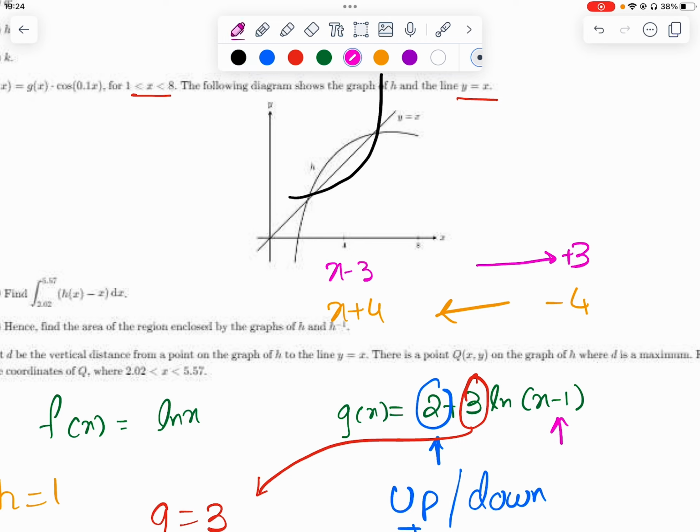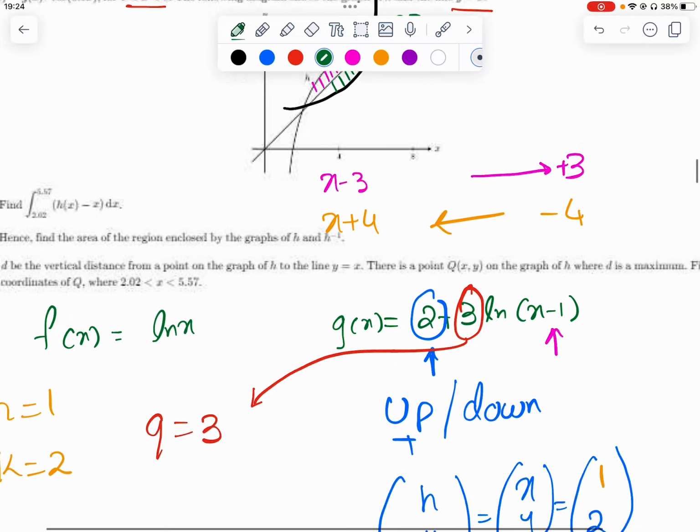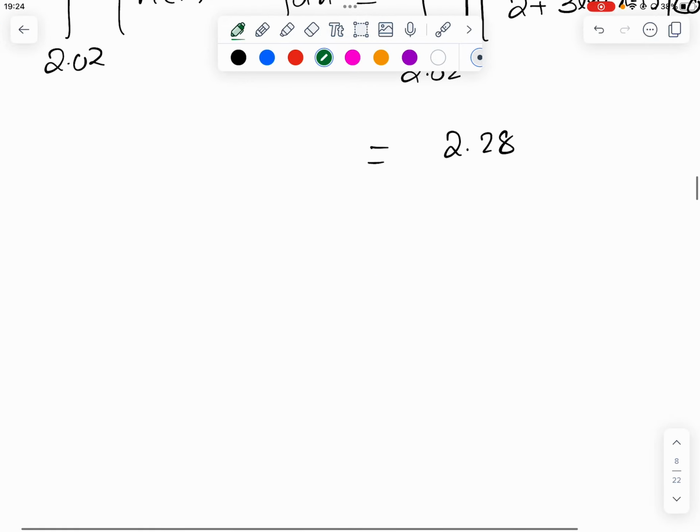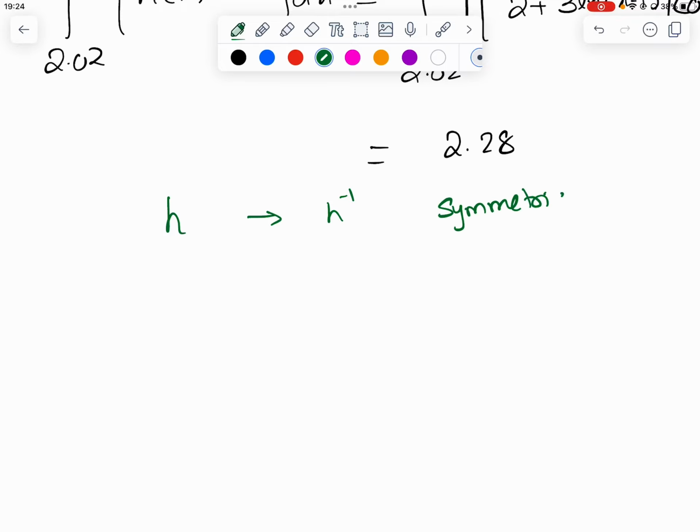So we have found this part, it is 2.28. The remaining part also, because they are symmetrical along y equals x. That is a property we need to know. H and H inverse are symmetrical along y equals x. So the total area between H and H inverse will be nothing but how much? 2 times 2.28. 2 times 2.28 is 4.56.